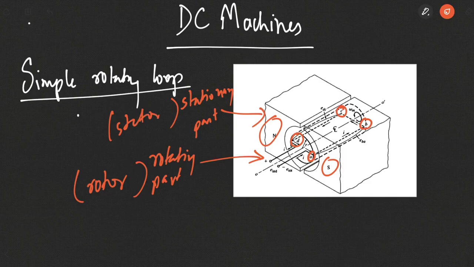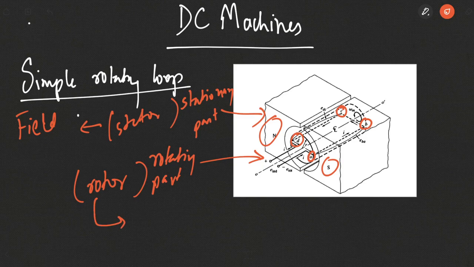You will have, physically speaking, two components. One will be the stationary part, called the stator, and another will be the rotating part, called the rotor. In this particular case, you can see the stationary part is the magnet. It is responsible for production of the field, so this part will be referred to as the field also, while the rotating part, as you'll see in a short while, has an induced voltage that is an AC voltage.